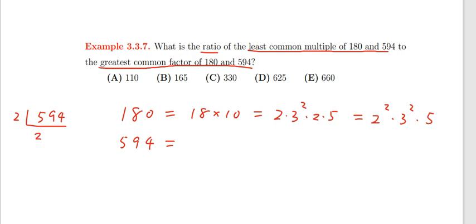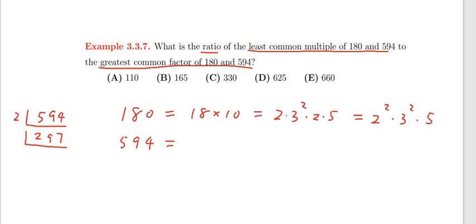So 2, let's say 19, 18, 9, 7, right? Okay. So this one is an odd number, so we do not have 2. Then we say this one can be divided by 3.